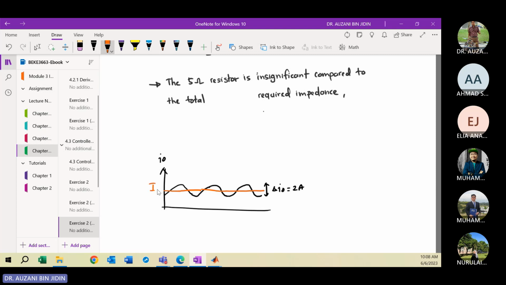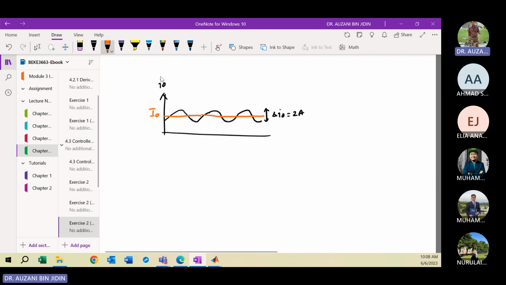This is your DC component. When you apply the Fourier series, IO is the summation of the DC component and the total harmonics component, starting from n equal to 2 to infinity. You can refer to the textbook for the equation in the bracket.